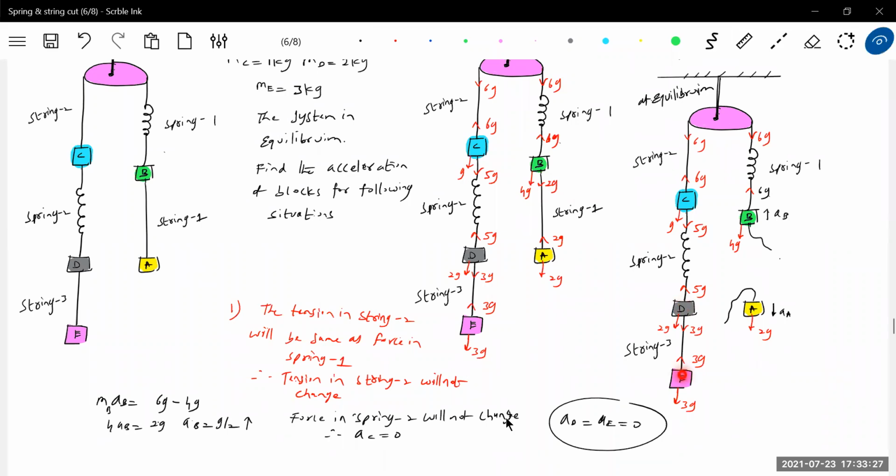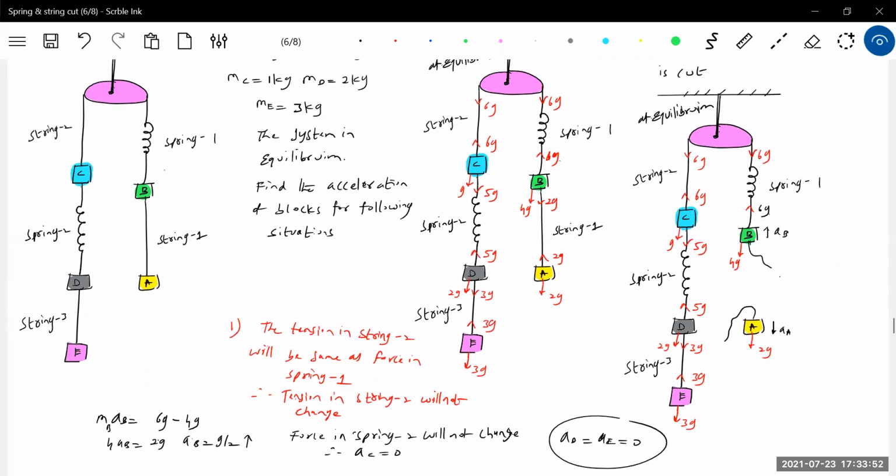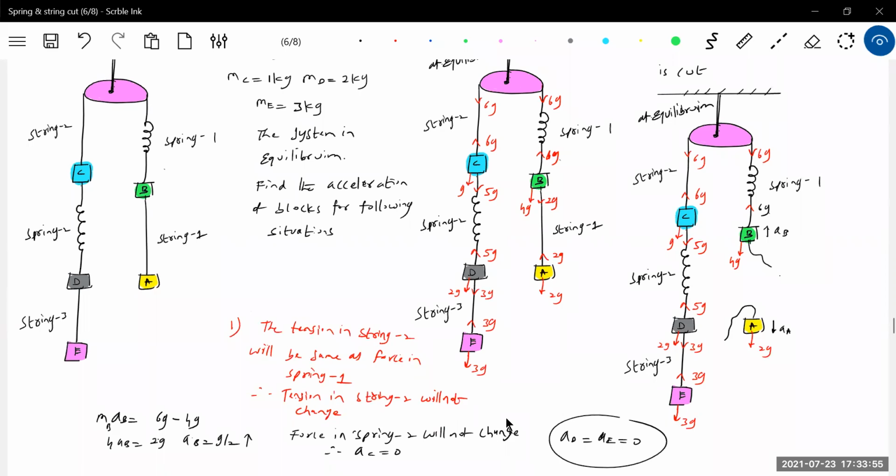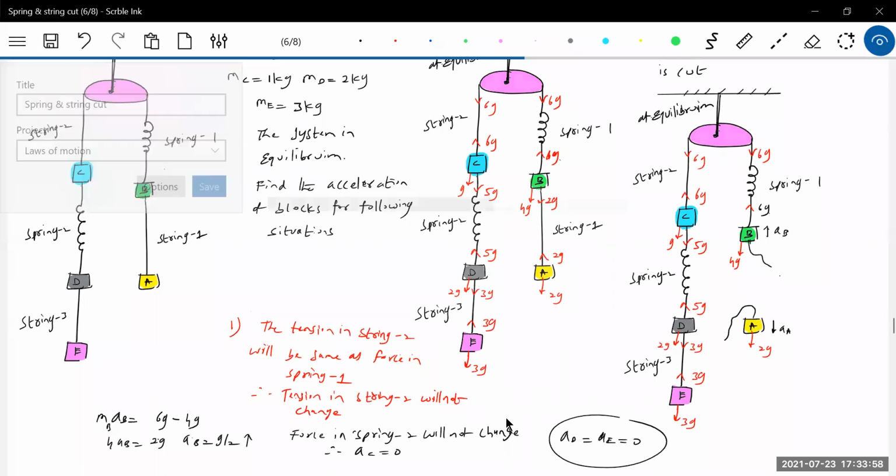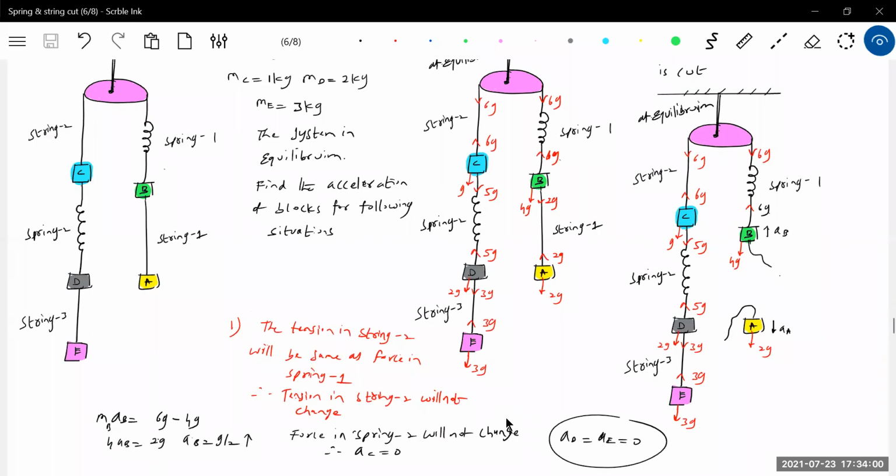Only B and A will change their state. C, D, E continue to be in their state of rest. This is what happens when string 1 is cut. Now we'll cut spring 1. All these are self-learning things, you can manage on your own. Make observation. We'll discuss when spring 1 is cut, what conditions will come.